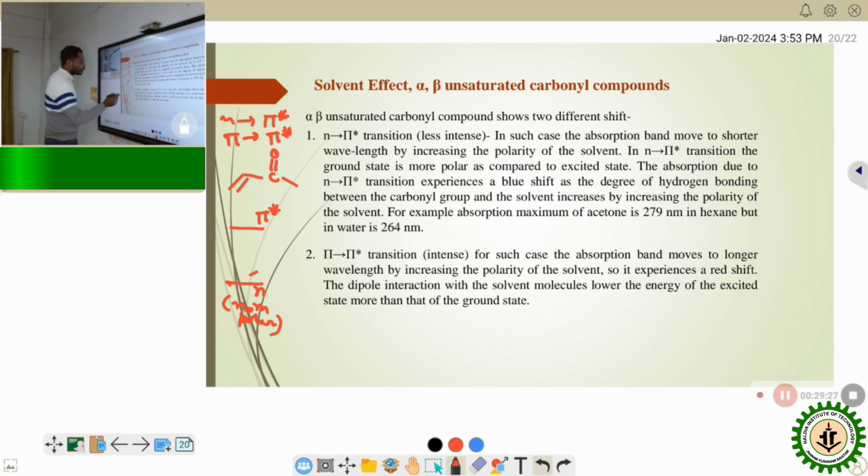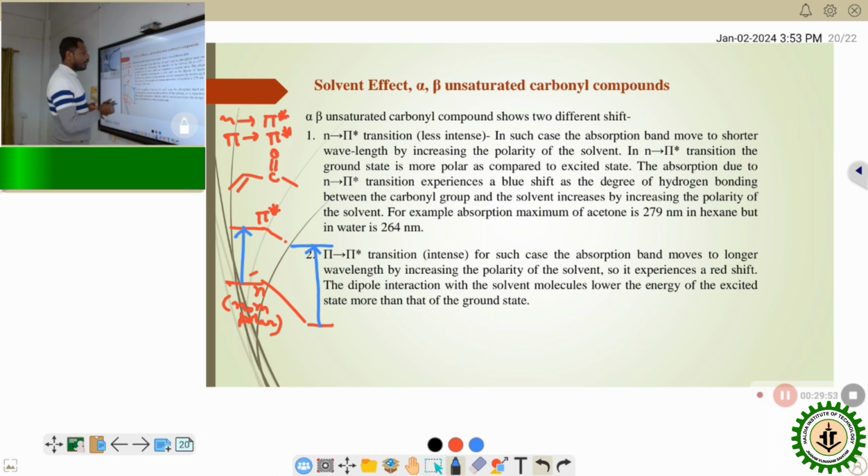In polar solvent, it is more stable and its energy is lower compared to pi star. So initially you require this energy, and this is the energy gap. So the n to pi star transition shifts towards the shorter wavelength region.